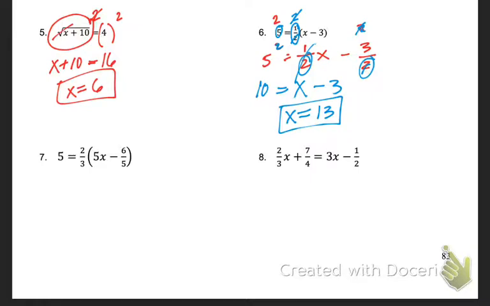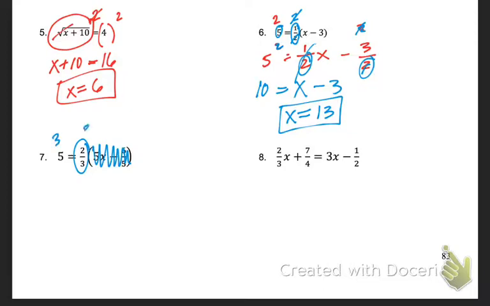Now number 7, I've got this 2/3 out in front. You can choose the short way or the long way. I'm going to show you both. Short way. Least common denominator is, don't look at anything in the parentheses right now. Least common denominator is 3.